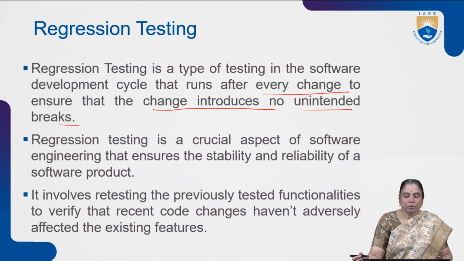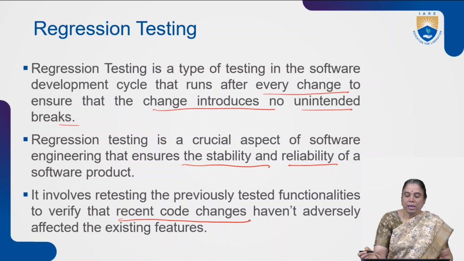Regression testing is a crucial aspect of software engineering which ensures the stability and reliability of the software product. Regression testing involves retesting the already previously tested functionalities to verify that the recent code changes have not affected the existing features.